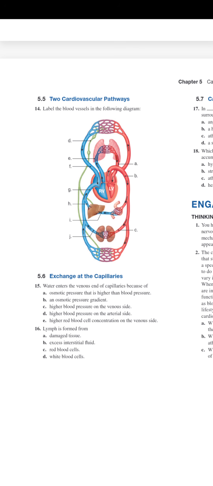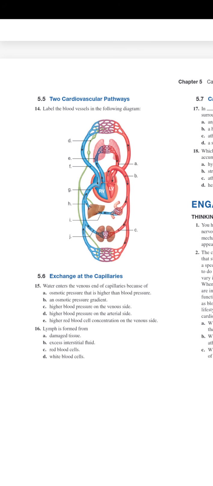F is the superior vena cava, because it's a vein and it's coming towards the right atrium. Coming to G. G is also coming to the right atrium, but this one is called inferior vena cava because it's down. Inferior means it's down.